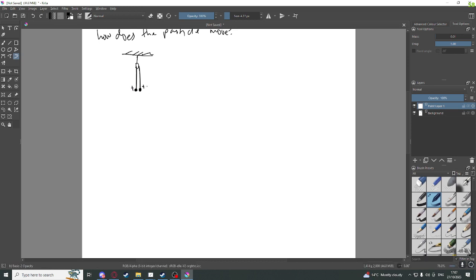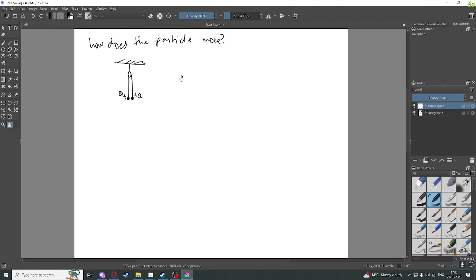So same setup, but in this case, their masses are unknown, but both of their masses are the same. So m1 is equal to m2 is equal to m, q1 is equal to q2 is equal to q.